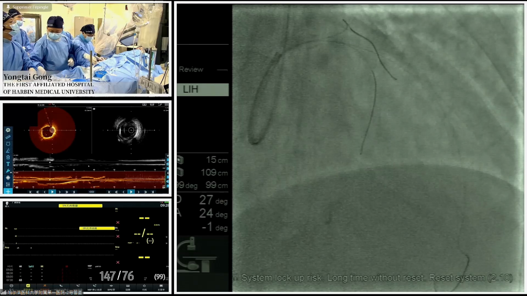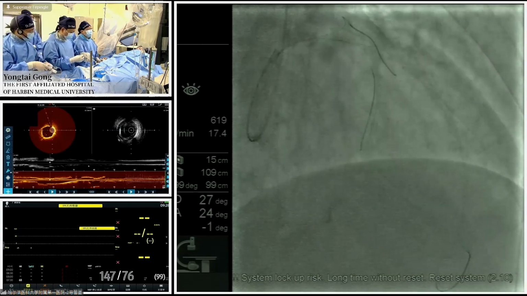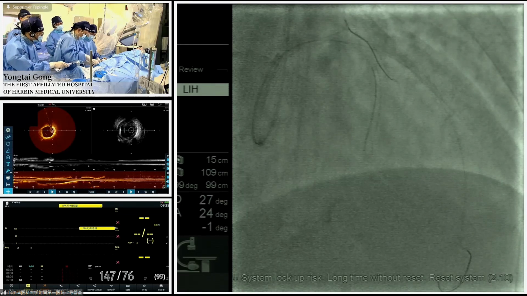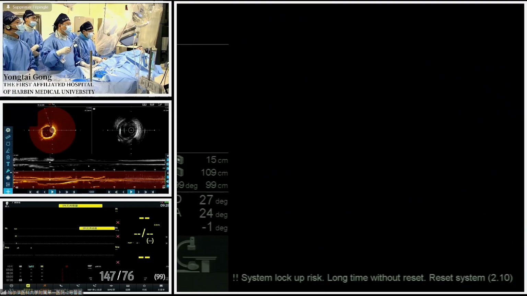For this case, there is a significant discrepancy between the left main and the proximal LAD. In this situation, we often choose the stent size depending on the distal vessel, which causes inevitable mismatch. We often dilate the proximal stent with an NC balloon at a 1-to-1 ratio with the proximal main vessel size.